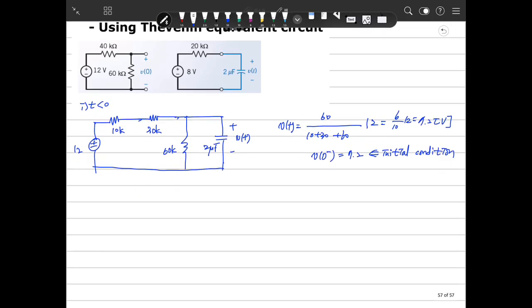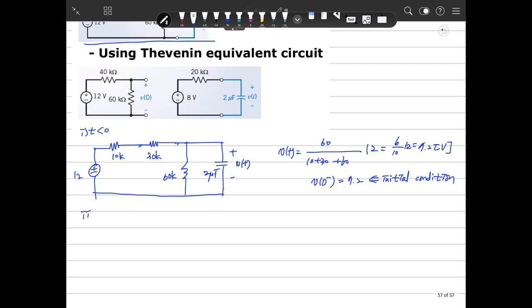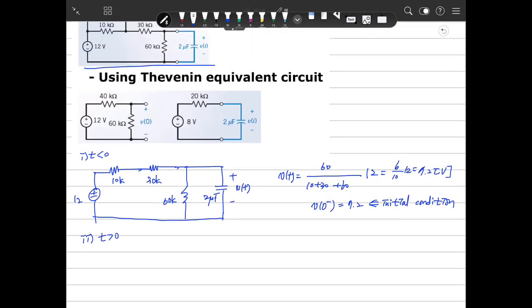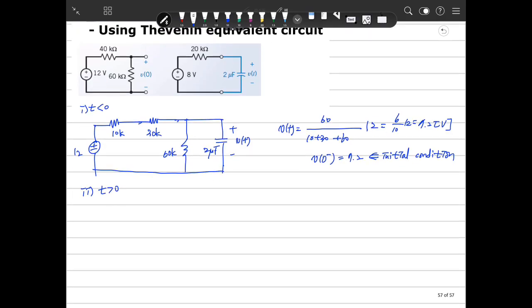Next, we will solve the circuit for t greater than 0. Because the switch is closed, the 10 kilo ohm resistor is ignored, so our circuit is simpler: 12 volts, 30 kilo ohm, 60 kilo ohm, and a capacitor of 2 microfarad.